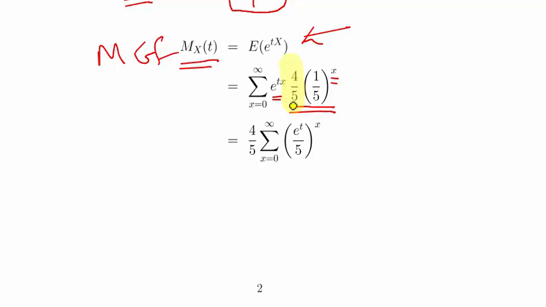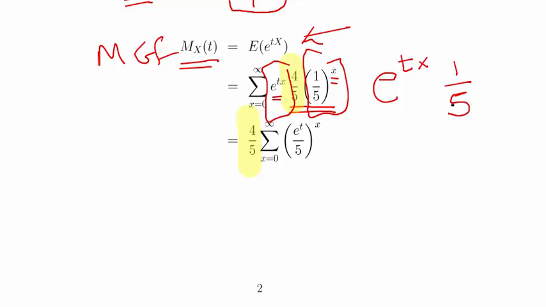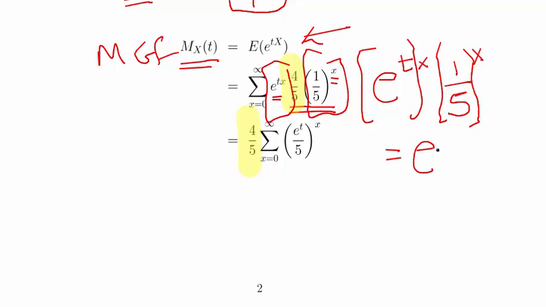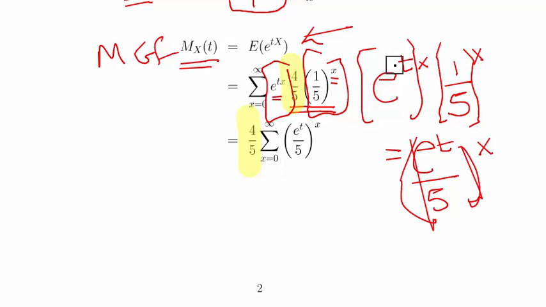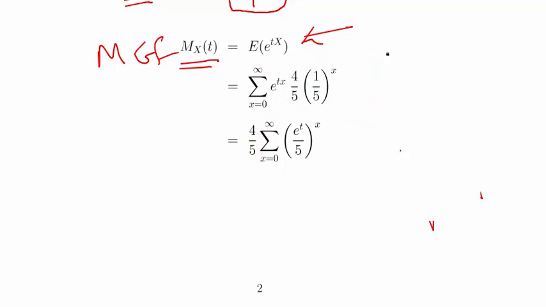I can factor this out, bring this outside, and I can combine this expression with this expression. In both instances, it's something to the power of x. So it's e to the t to the power of x, times 1 over 5 to the power of x. So I can make that e to the t over 5 to the power of x. Does that make sense? That justifies this expression earlier on.